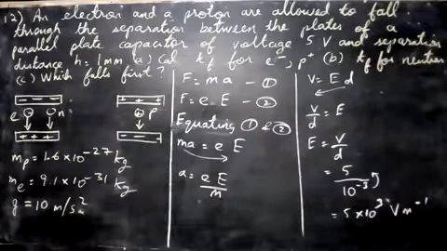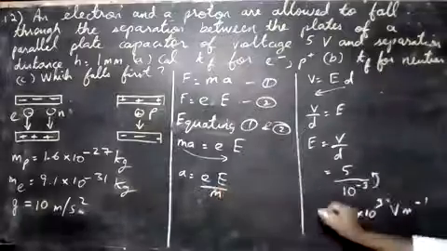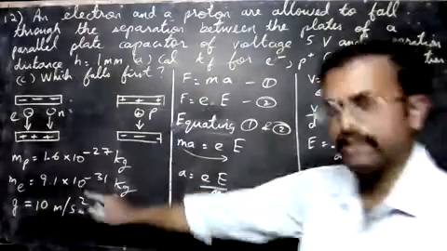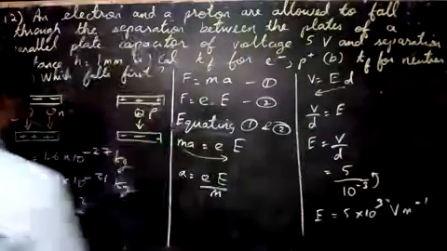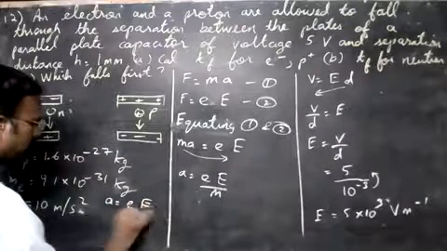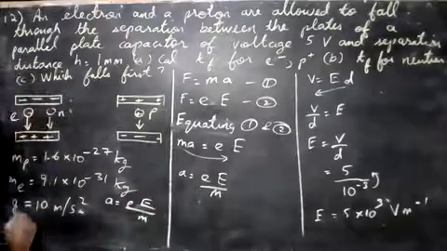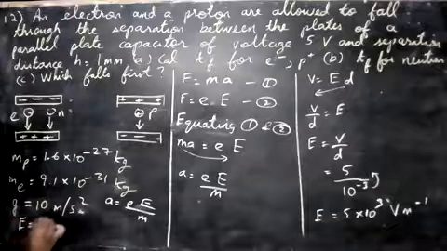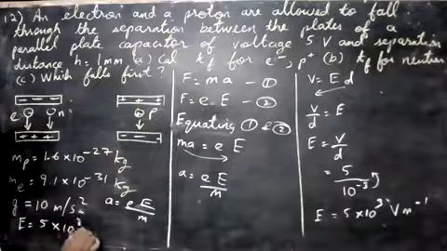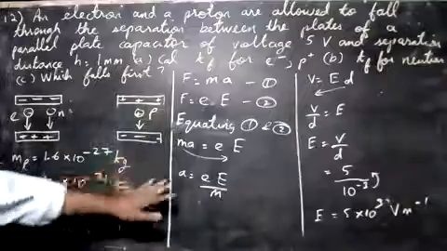Now we know the acceleration formula, and we know the electric field also. Let me write that in the given side. Acceleration a is equal to eE by m, and electric field E is equal to 5 into 10 power 3 volts per meter. Now I'm going to rub this out.